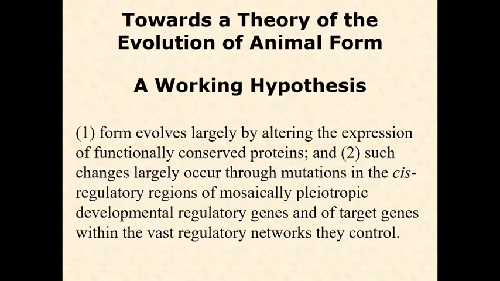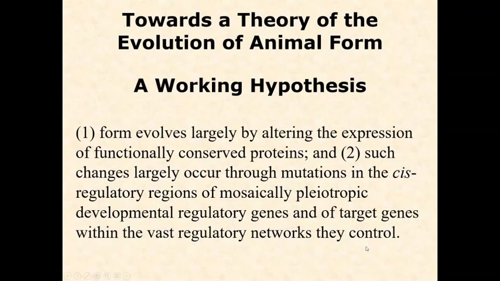So here is our working hypothesis, and then we might even say this is really more of now going towards a theory. Animal form evolves largely by altering the expression of functionally conserved proteins. This is, by the way, pretty much word for word from your book. And that these changes largely occur through mutations in the regulatory regions, some in the genes themselves, so it's not 100%, but largely occur in mutations to regulatory regions of these pleiotropic developmental regulatory genes, of target genes that control these vast networks, right?